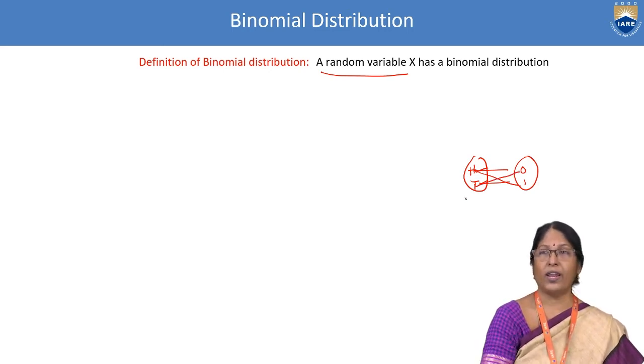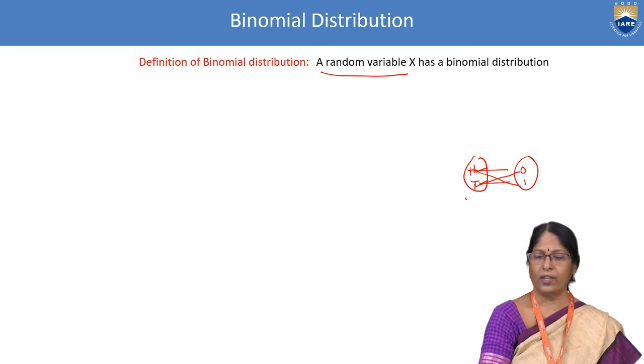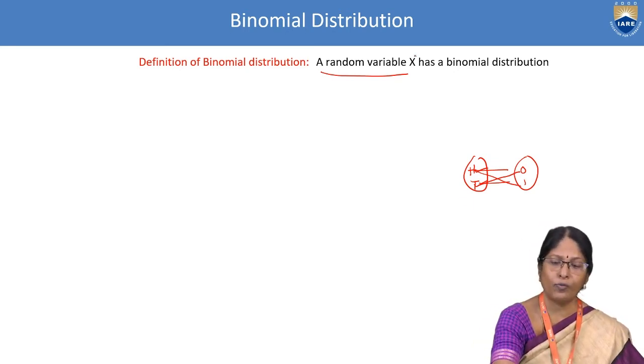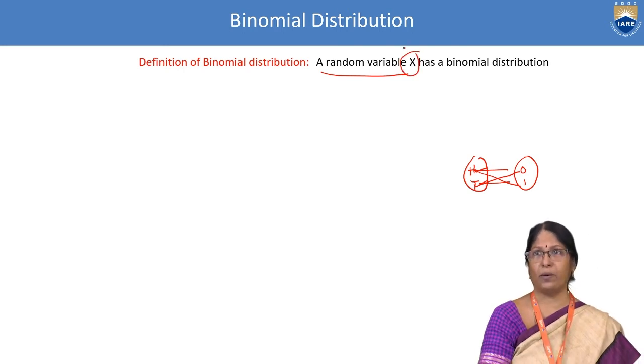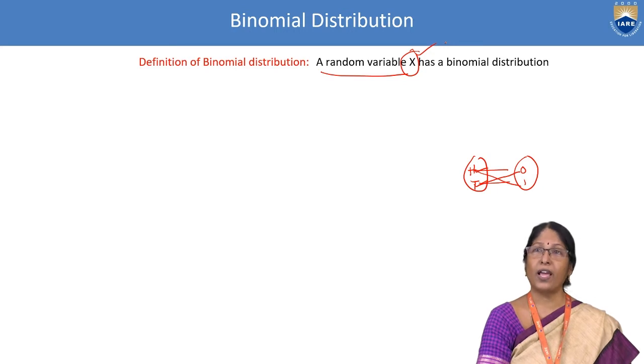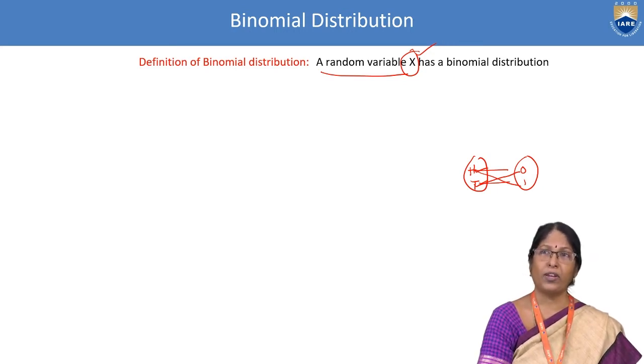So the sample points head and tail are connected to real numbers with the help of the random variable. This is the job done by the random variable capital X. Otherwise, it is also called a real valued function.